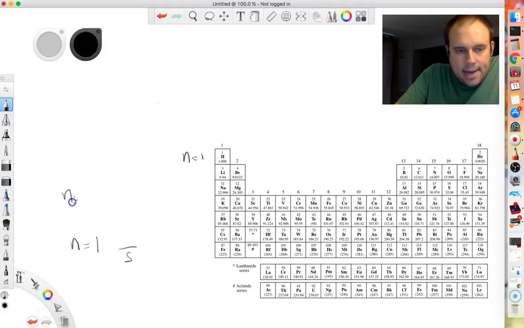And then when I get to n equals 2, which is now down here, I have the 2s orbital. But then over here in row 2, I also have a p orbital. So the p orbitals, remember there's 3 of them. I'm going to have px, py, and pz.